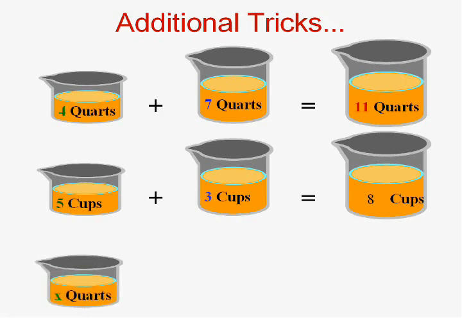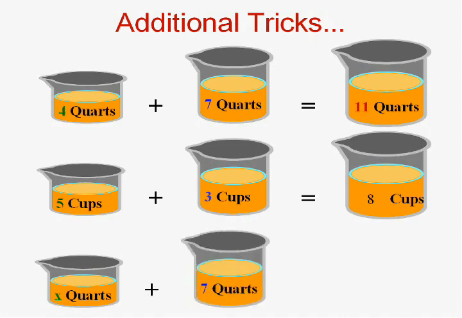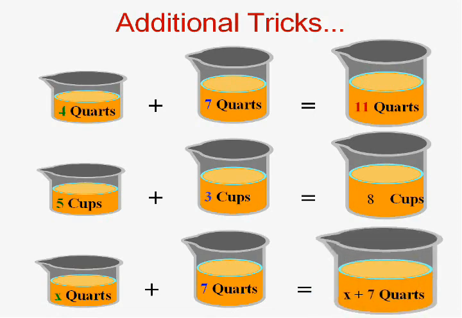But if we take X quarts of something and add it to 7 quarts, we have X plus 7 quarts. And we're going to be using that idea throughout all of these problems.